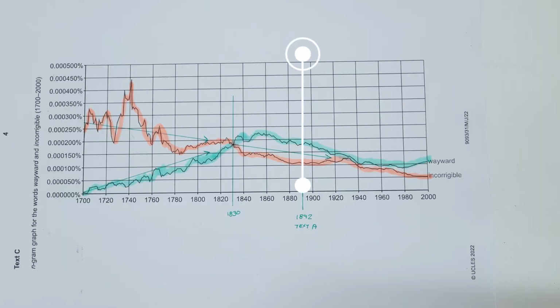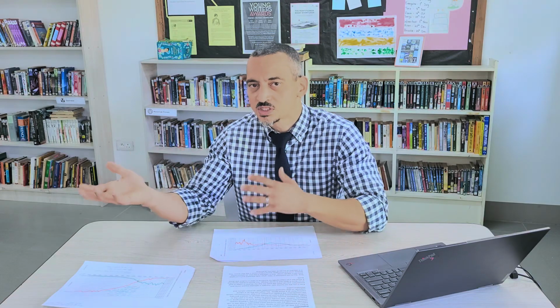And that puts it right here. It's on the decline when incorrigible and wayward are still falling out of use. However, they're still fairly prominently used. They haven't fallen to their current low rate. So it does make sense that these would appear in our text. It just reflects the social sensibilities of the 1890s.